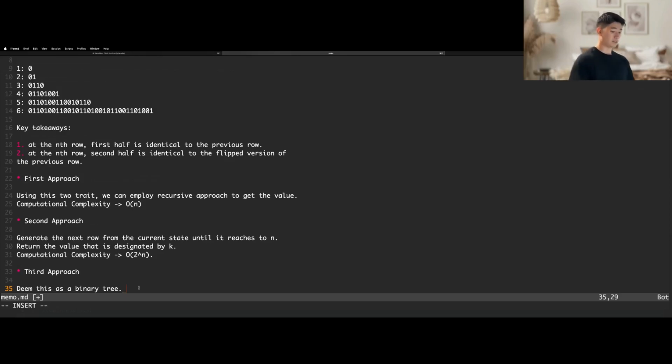So, the parent of n, k is n minus 1. And how do I determine its parent? So let's say k is 3 here again.